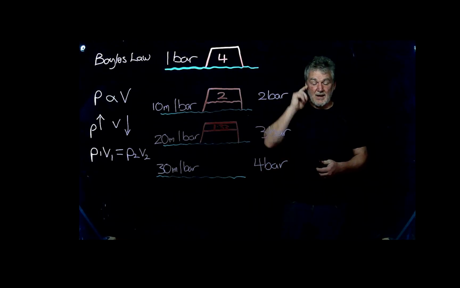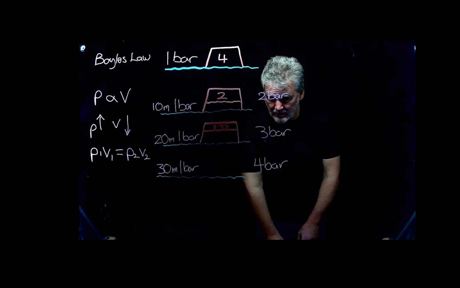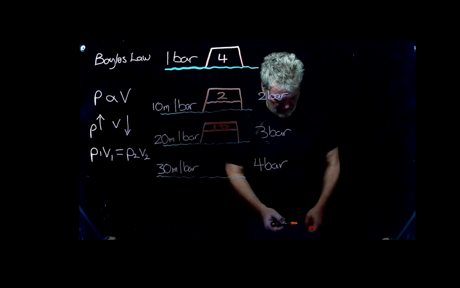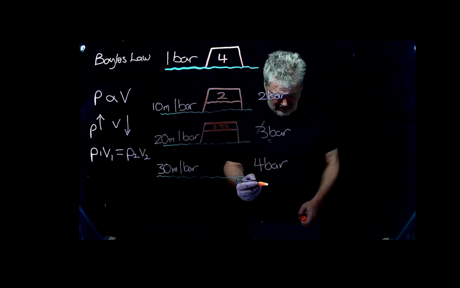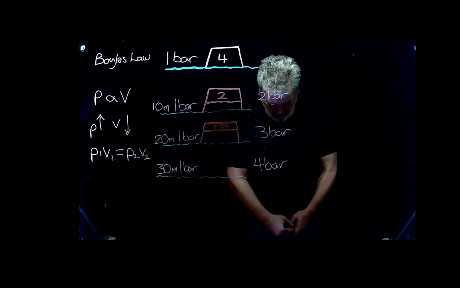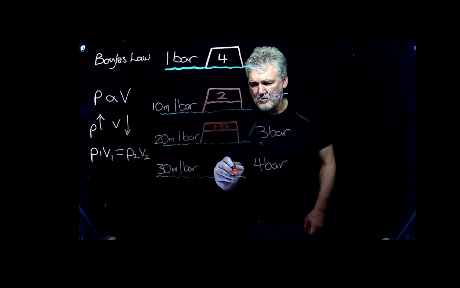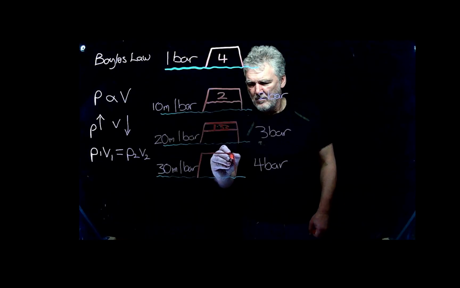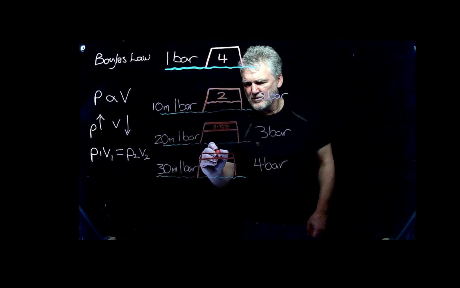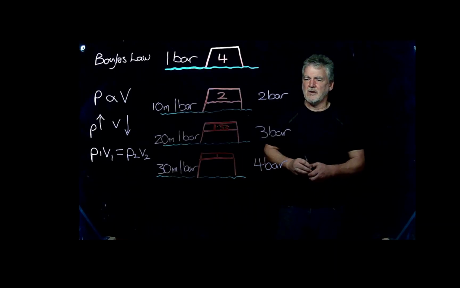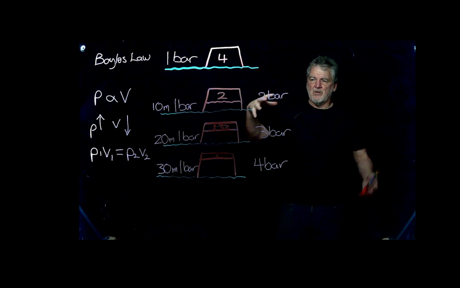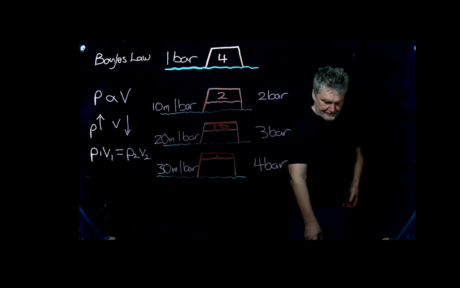And now when we take it down to the next level, all the way down to 30 meters, the pressure is times 4, so now we're going to only have 1 liter of air in that bucket. As the pressure's gone up, the volume has decreased.